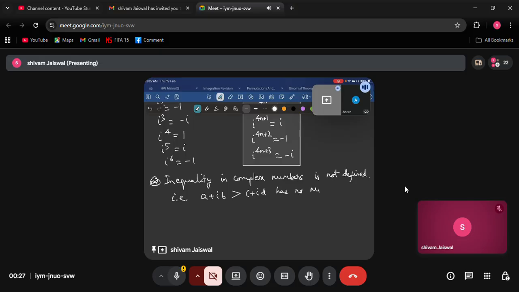How can a point be greater than another point? A point cannot be greater than another point.